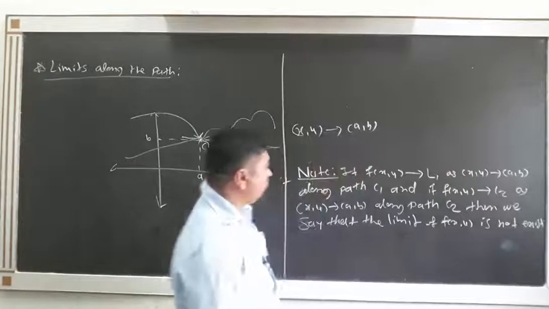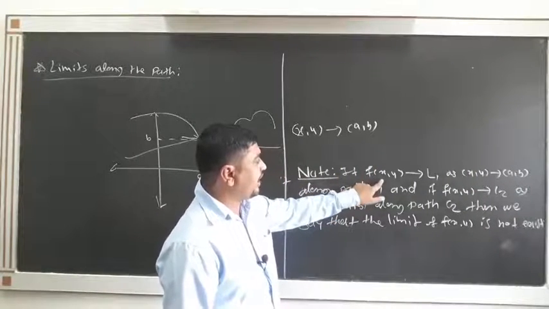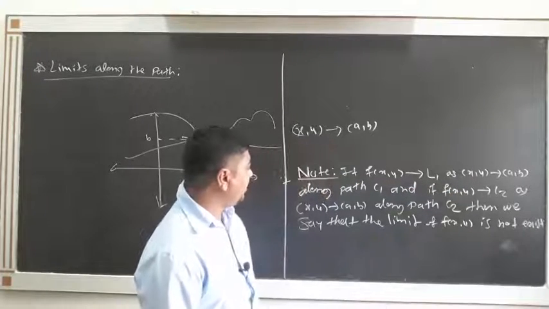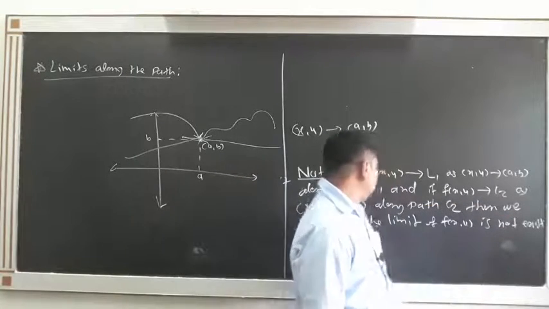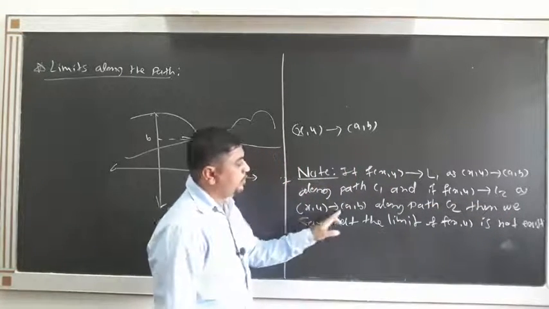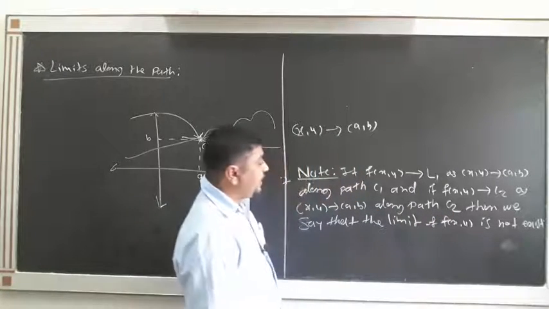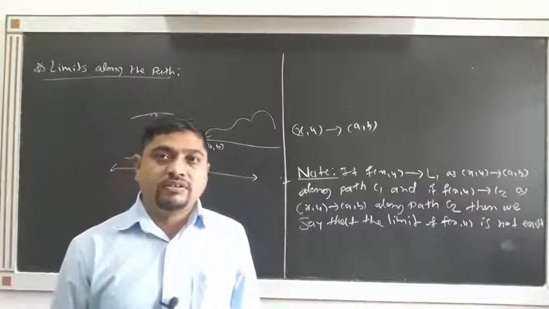So what we have written: suppose f of xy tends to L1 as xy tends to AB along path C1, and f of xy tends to L2 as xy tends to AB along path C2, then directly we can say that the limit of f of xy does not exist.